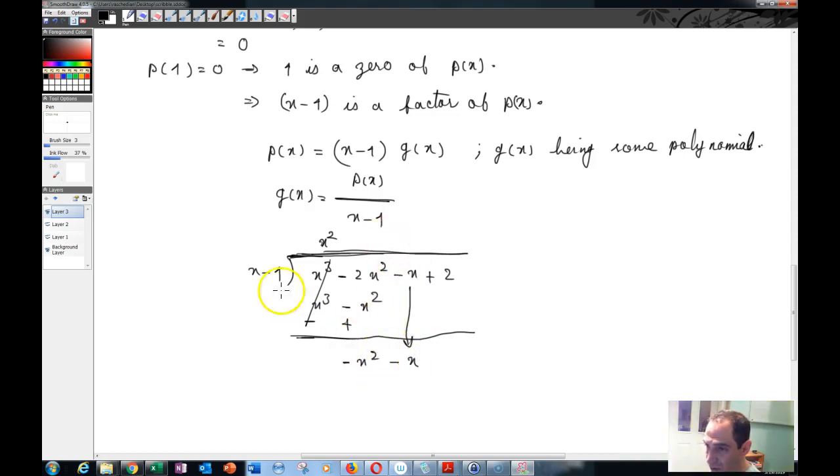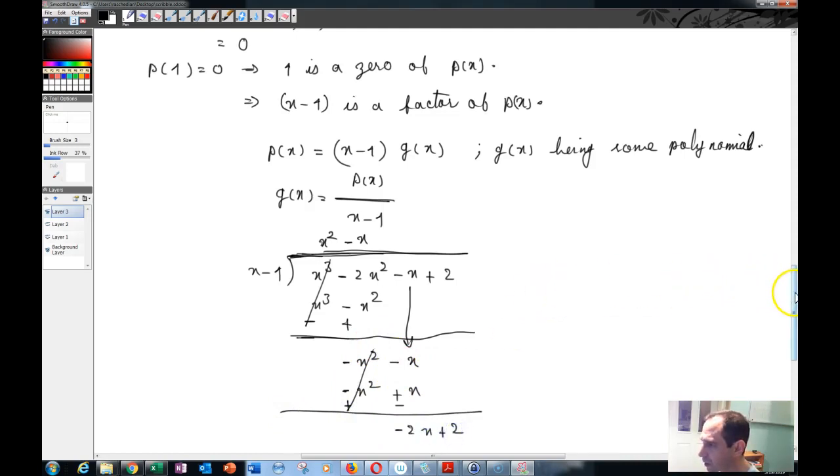Then negative X squared divided by X is equal to negative X. Negative X times X is equal to negative X squared, and negative X times negative 1 is positive X. If you add them together, you'll get negative 2X plus 2.